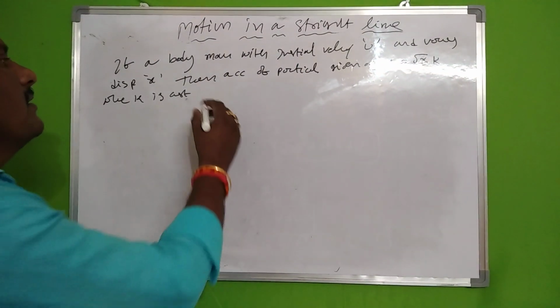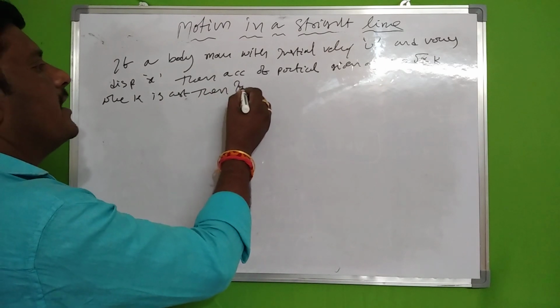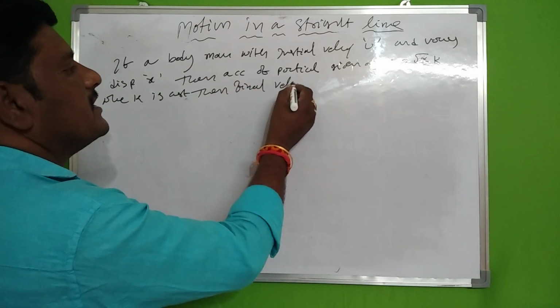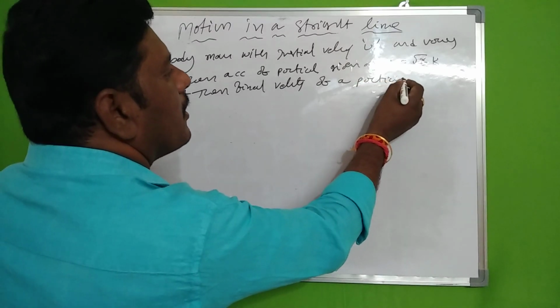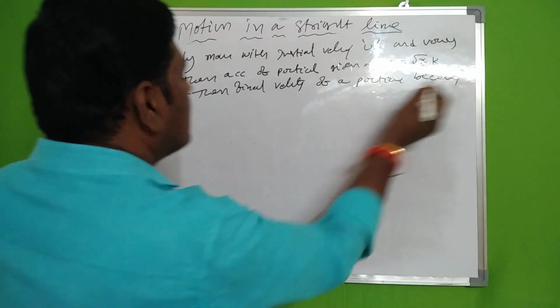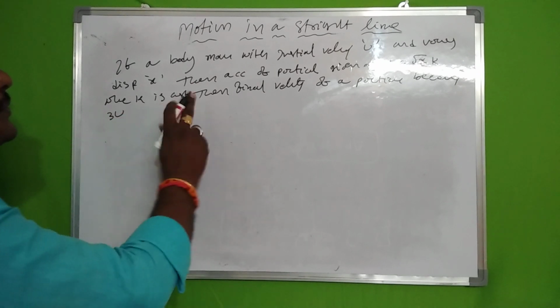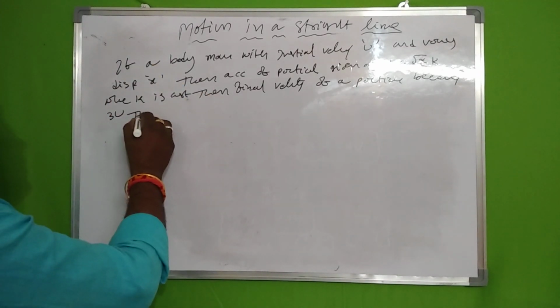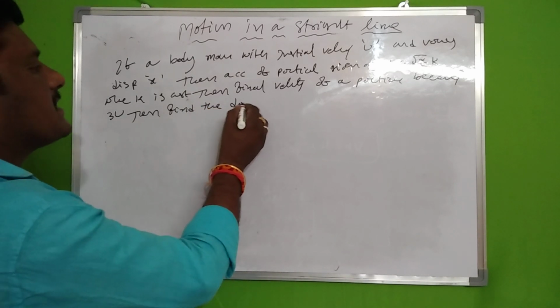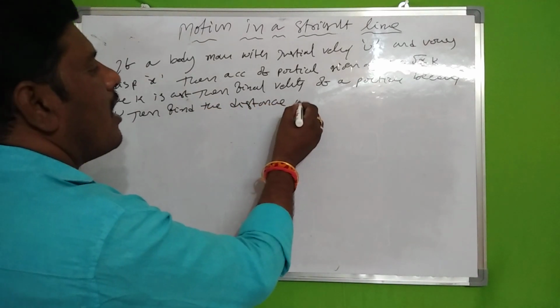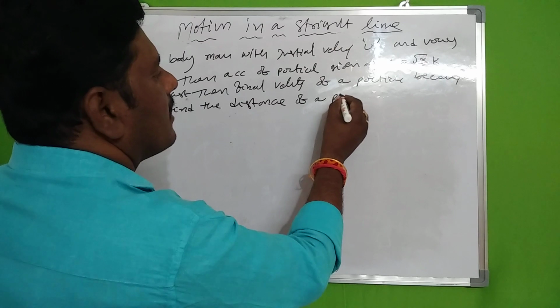Then the final velocity of the particle becomes 3u. Then find the distance of the particle.